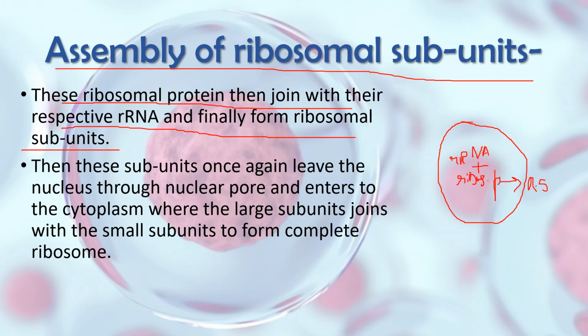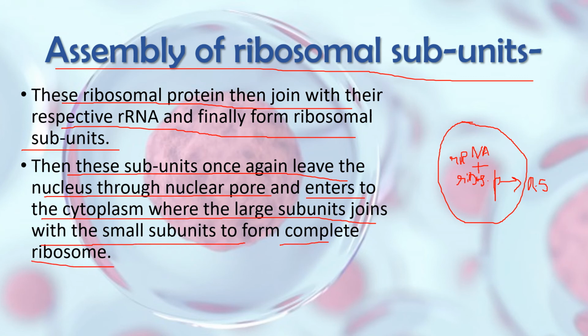Ribosomal subunits are small subunits and large subunits. These subunits then leave the nucleus through the nuclear pore and enter the cytoplasm, where the large subunits join with the small subunits to form complete ribosomes.